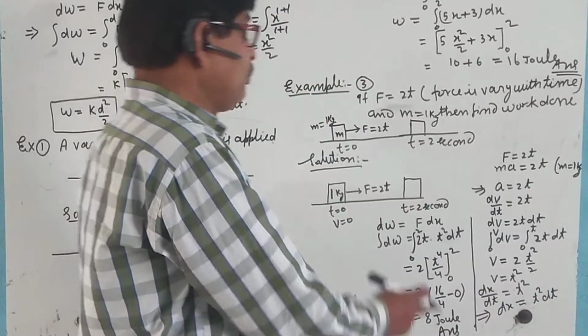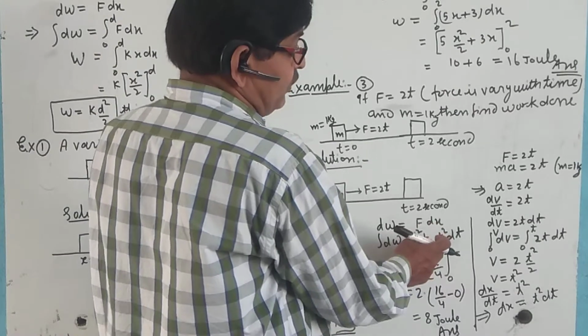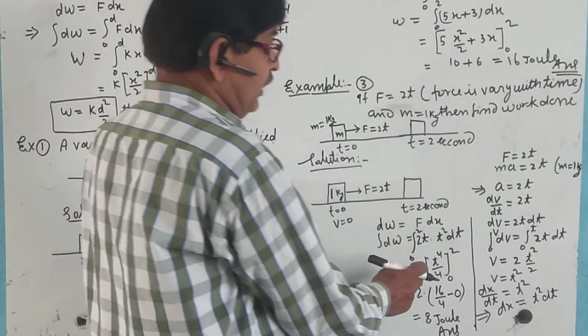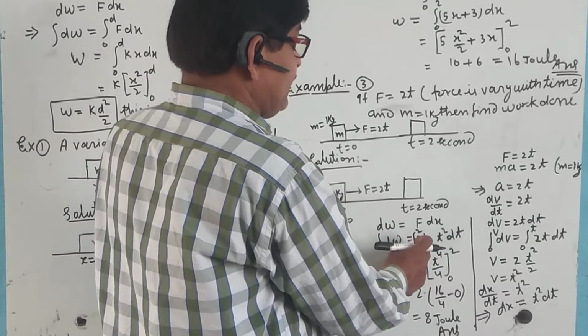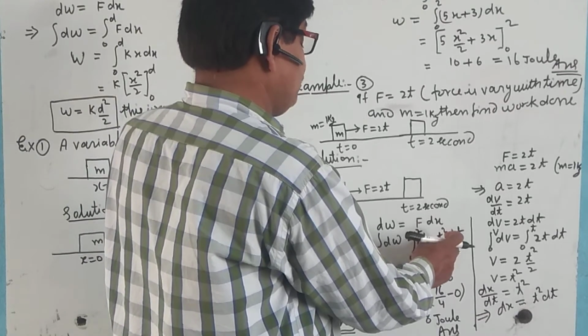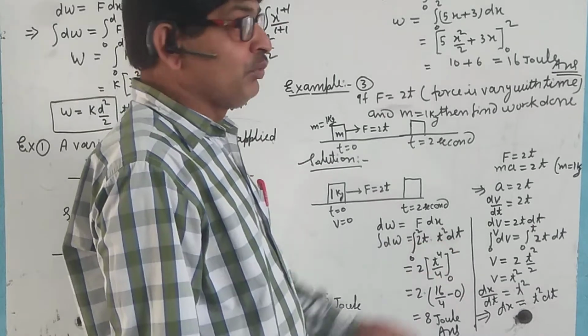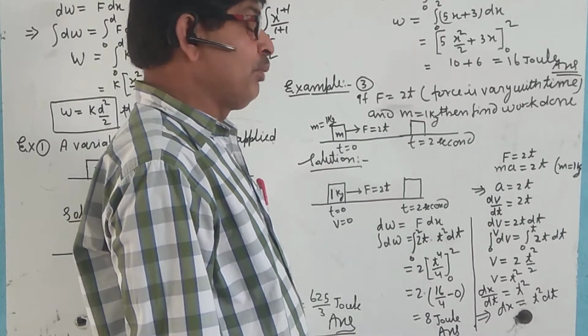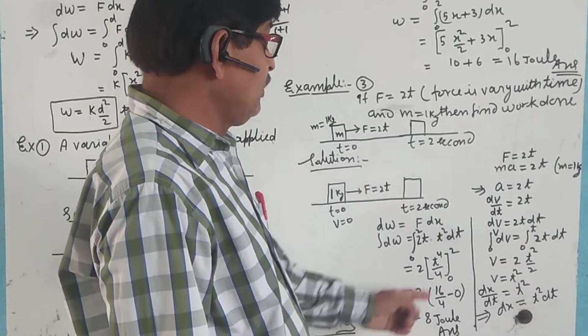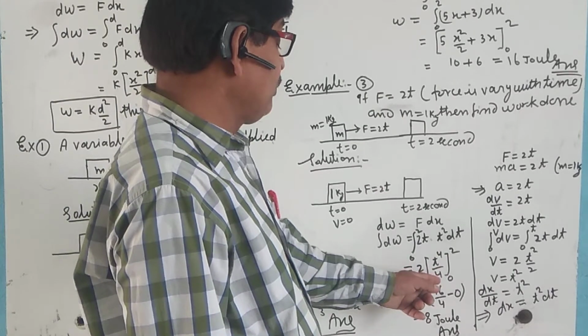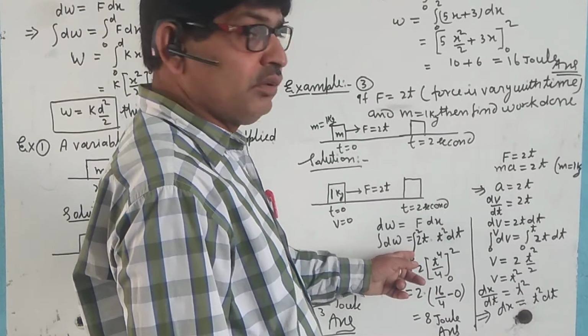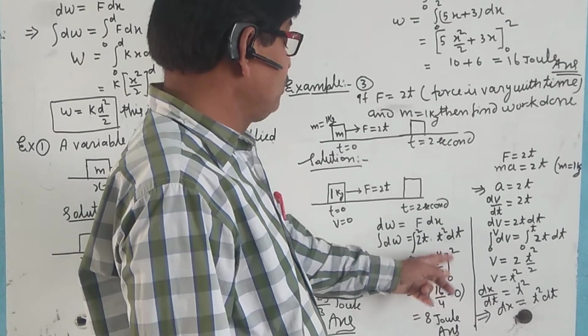Putting this value in dW equal to F dx, we get 2t times t square dt, so 2 t cube dt. Integration of t cube is t to the power n plus 1, that is 3 plus 1, divided by 3 plus 1, so t to the power 4 by 4, with limit 0 to 2.